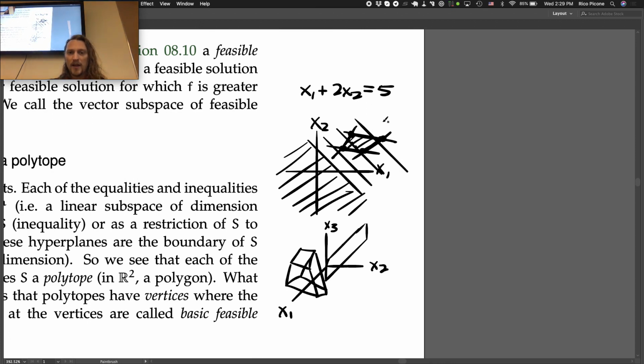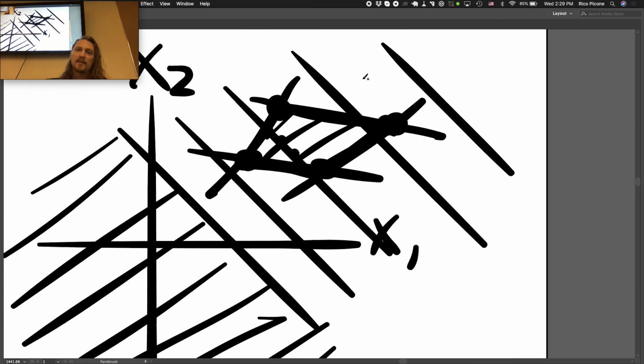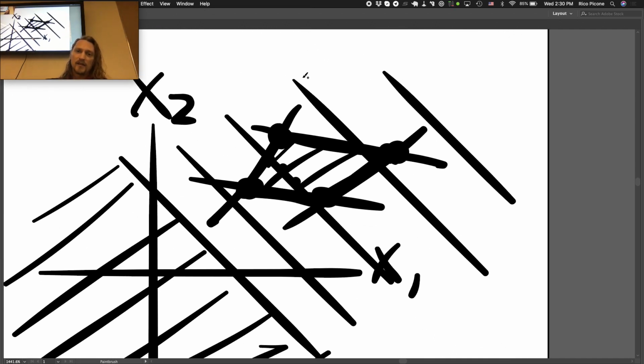Some of these hyperplanes are going to miss our region completely. We're going to miss S completely. But when H does intersect S, we have three possibilities.